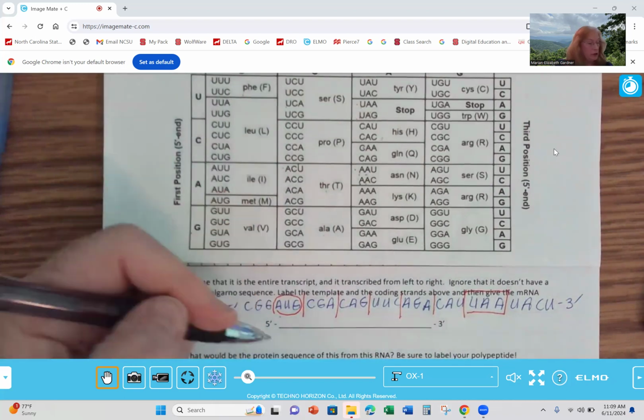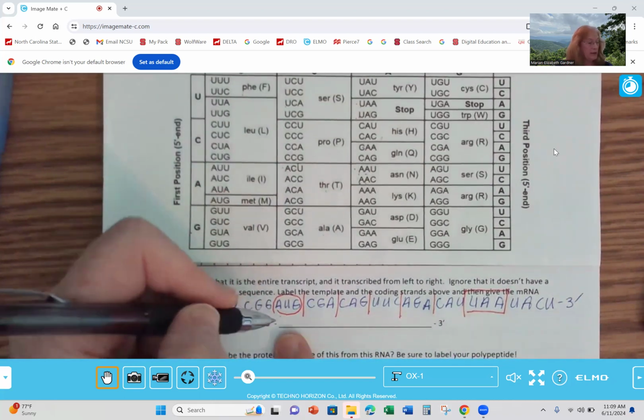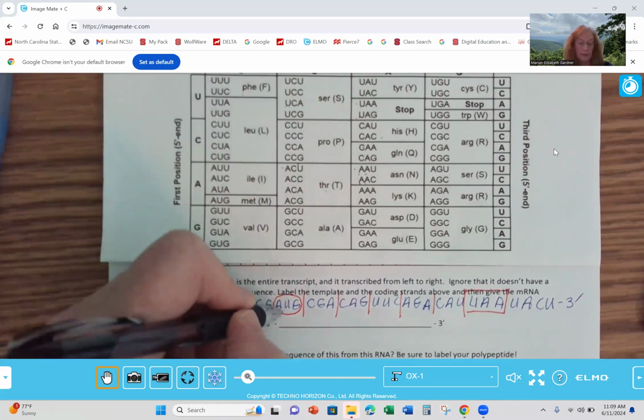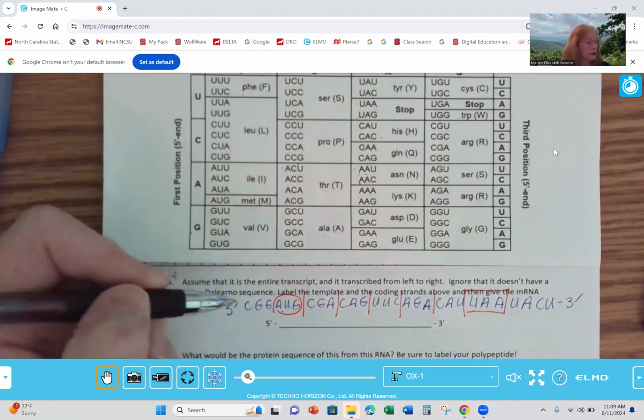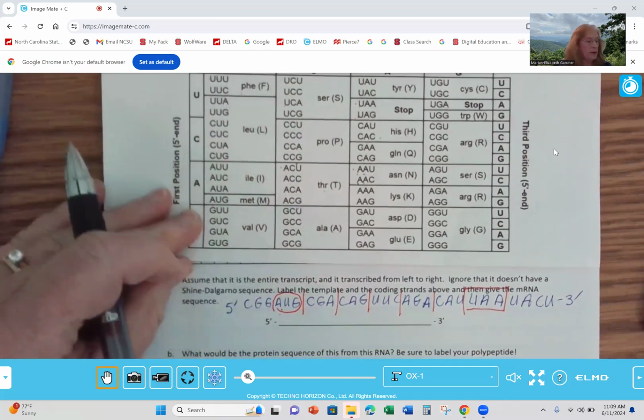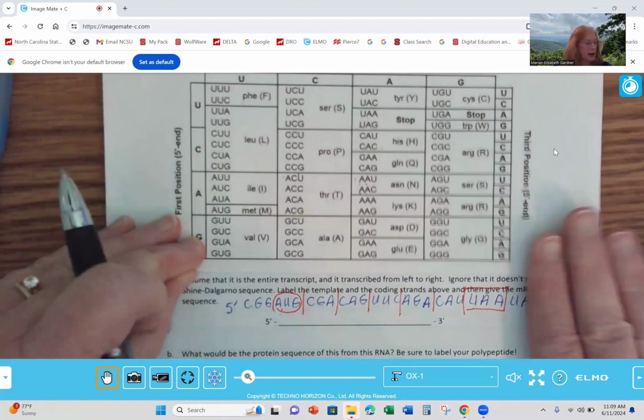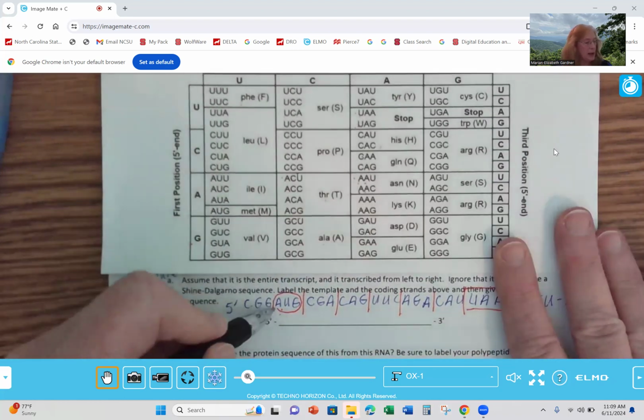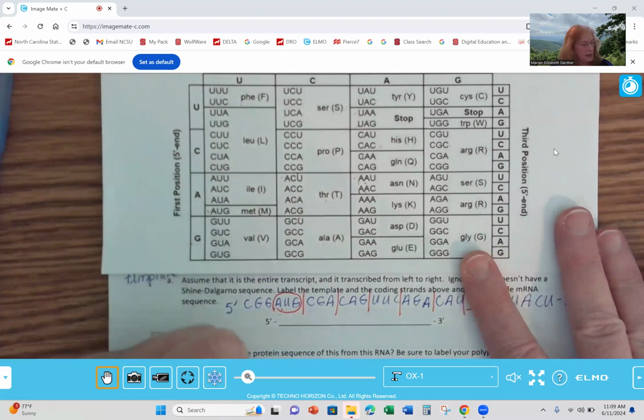We now need to translate this, going from amino to carboxyl. And I'm just going to write the 1-letter abbreviation for each of these, just so I'll have a little bit more space. So AUG codes for methionine.